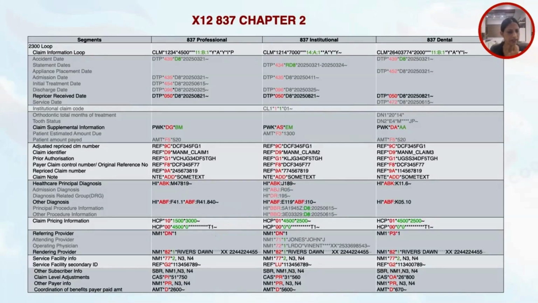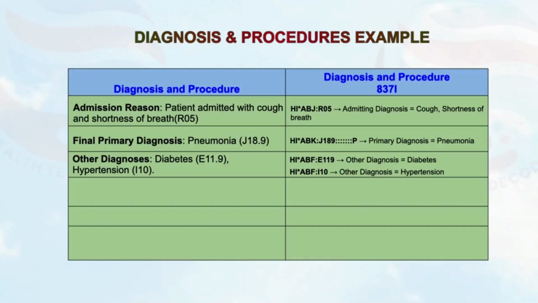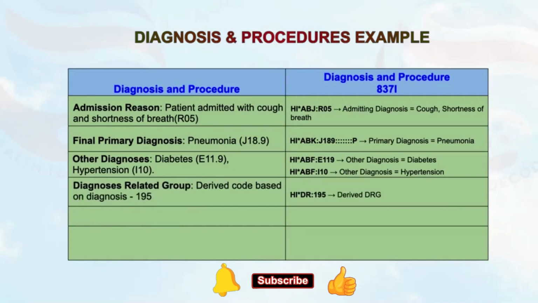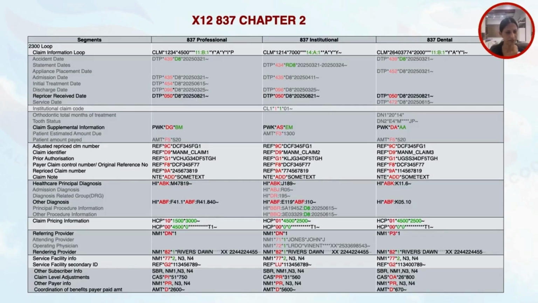Then based on all diagnosis information available for inpatient claims, the final code is derived. And that final code is the DRG code, called Diagnosis Related Group Code. It is either derived by the provider or even by the payer during the process of claim adjudication, and it helps during claim repricing for UB, also called the 837 institutional claims.